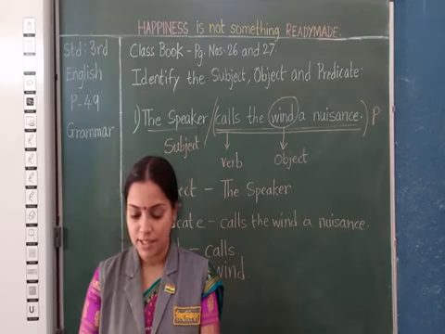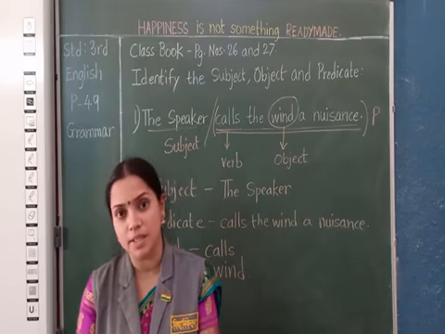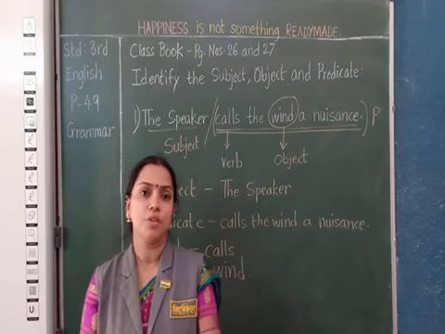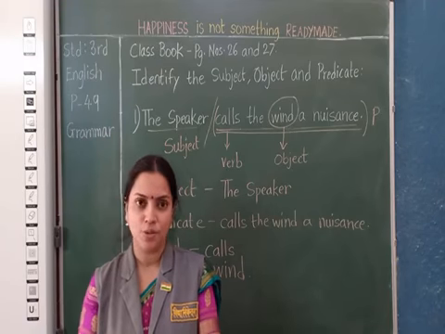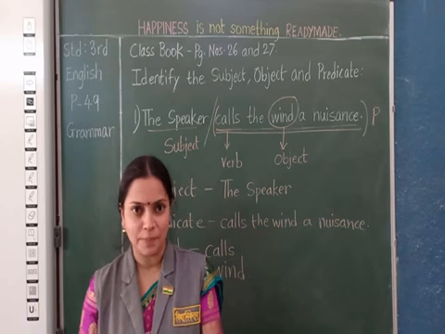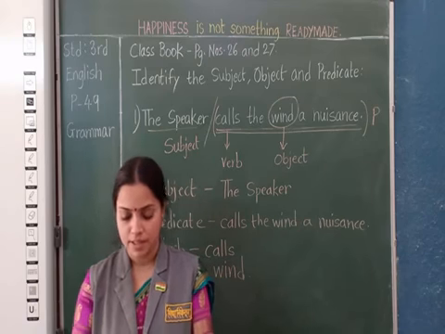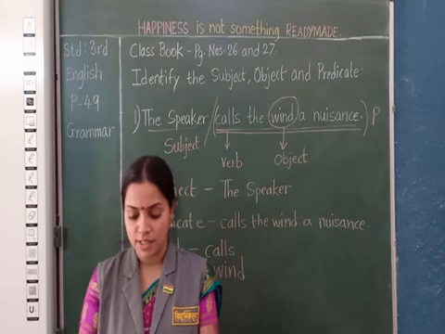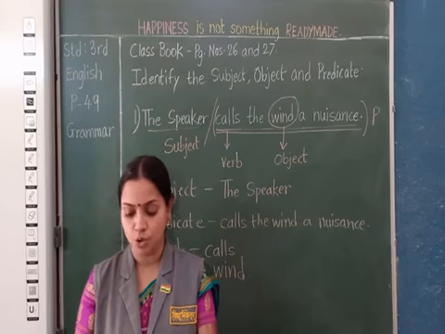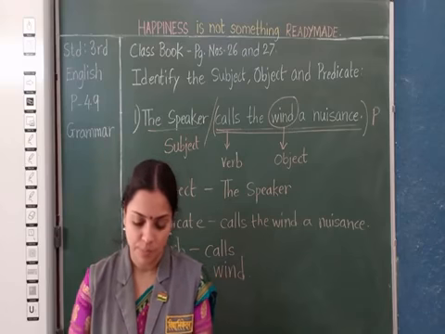Next one is dash helps to run windmills. What helps to run windmills? Wind, isn't it? So you may write wind helps to run windmills. And the fourth one is dash are used to produce electricity.